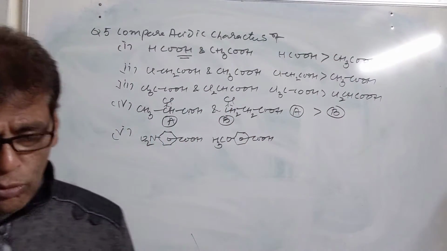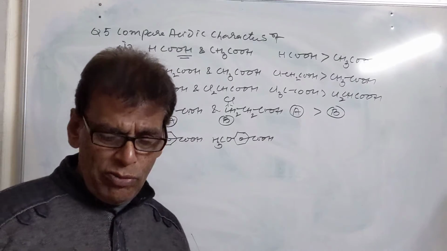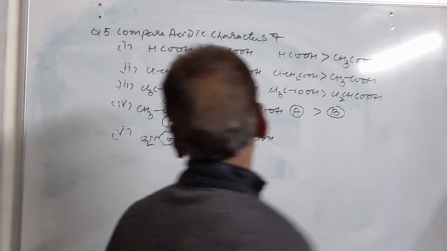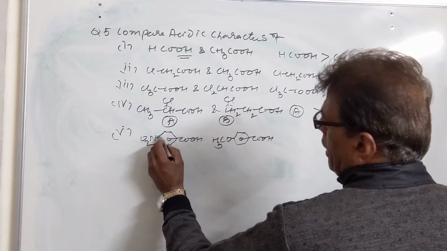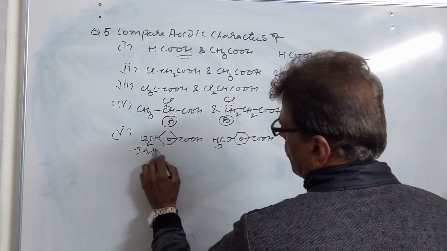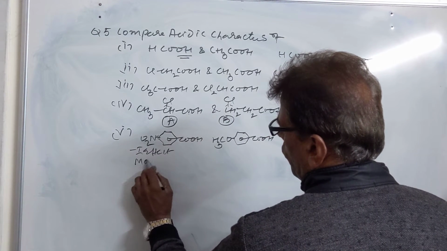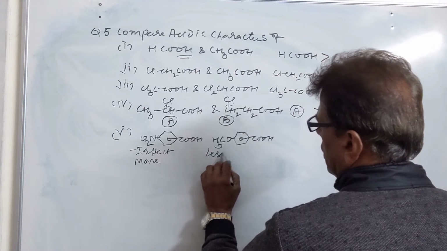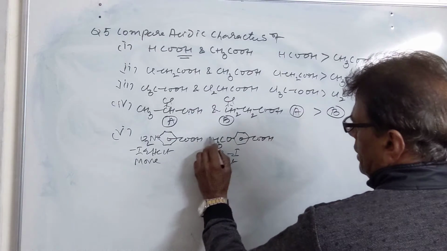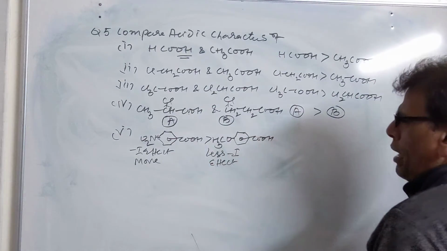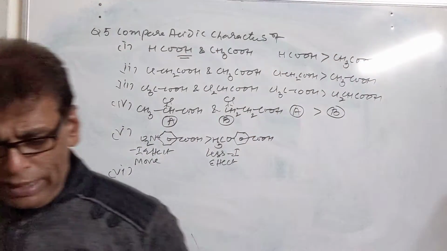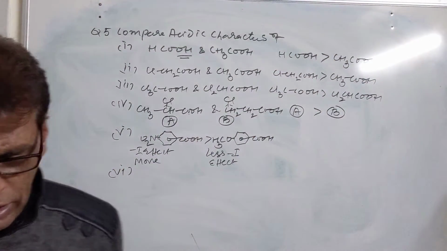As we know, the nitro group has more electron withdrawing character, minus I effect, as compared to the methoxy group, which has less minus I effect. So in this case, this acid is stronger as compared to para-methoxy benzoic acid. So this is the comparison of electron withdrawing groups attached in the benzene ring.